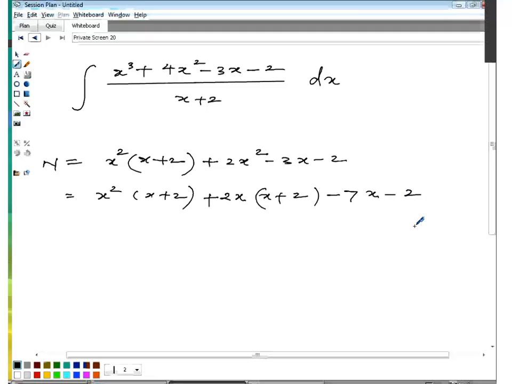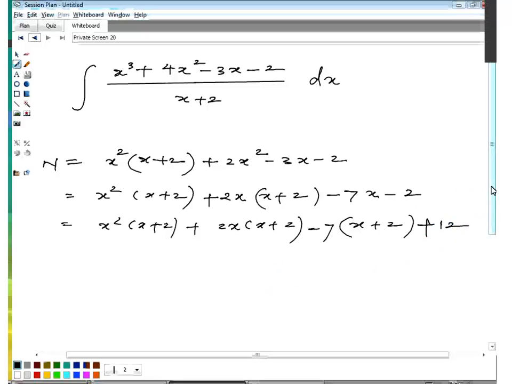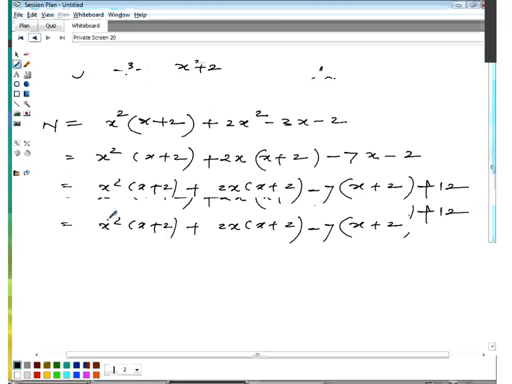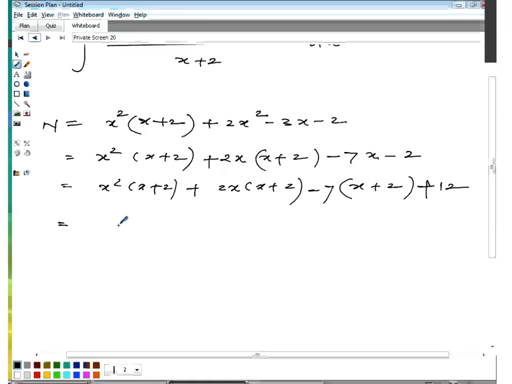And now further, forcing x plus 2 once again, x plus 2. So minus 7, and then we get minus 14, we want minus 2. That means plus 12. Now you can see that it should work. 12 is the remainder. x plus 2, x square plus 2x minus 7, plus 12.